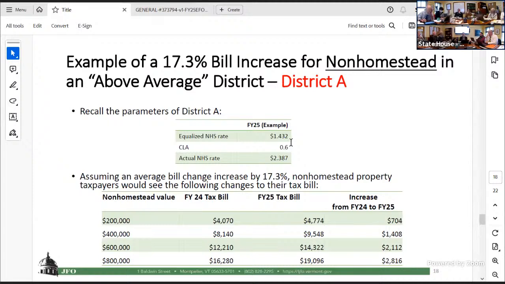Still, the equalized non-homestead rate is the same because it's uniform across the state, but now we're seeing a different actual non-homestead rate because the CLA is lower in District A than it was in District C. So this is where we're seeing the corresponding average bill changes for those non-homestead property taxpayers in District A, in this totally made up world that we're talking about today.